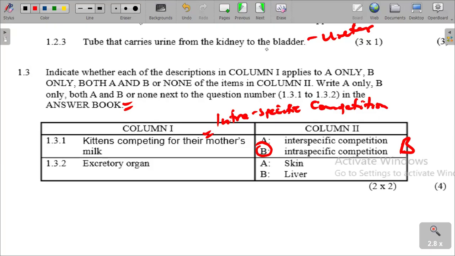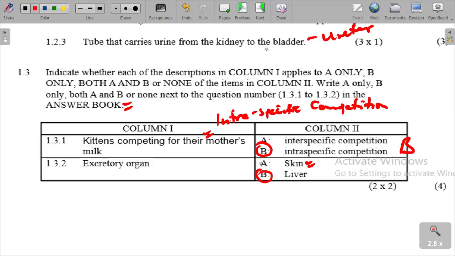Excretory organ, 1.3.2, which one is an excretory organ? We are saying the skin is an excretory organ. We talk about the waste, the salts and dissolved substances. The liver, we also talk about as an excretory organ.